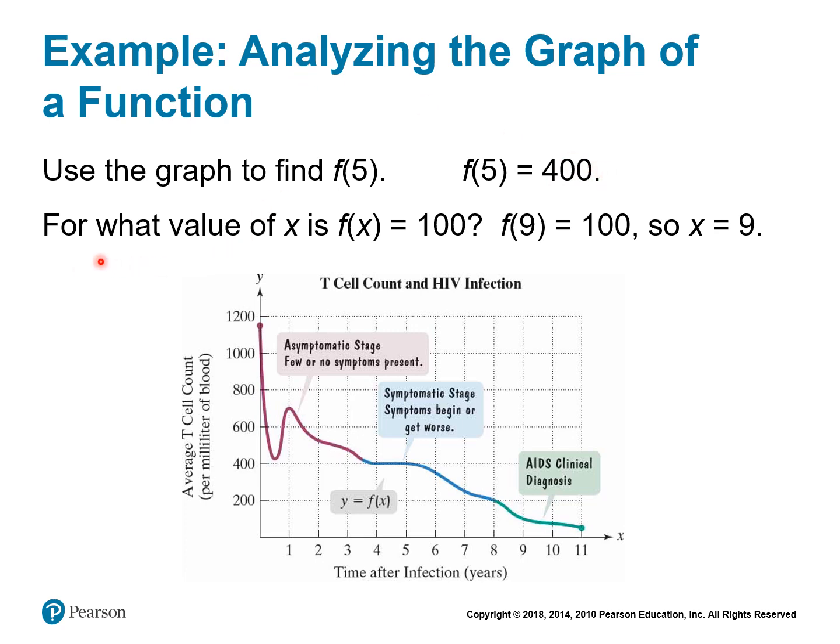Now this one says, for what value of x is f of x equals 100? In other words, they are asking when will y be 100? For what value of x will y be 100?